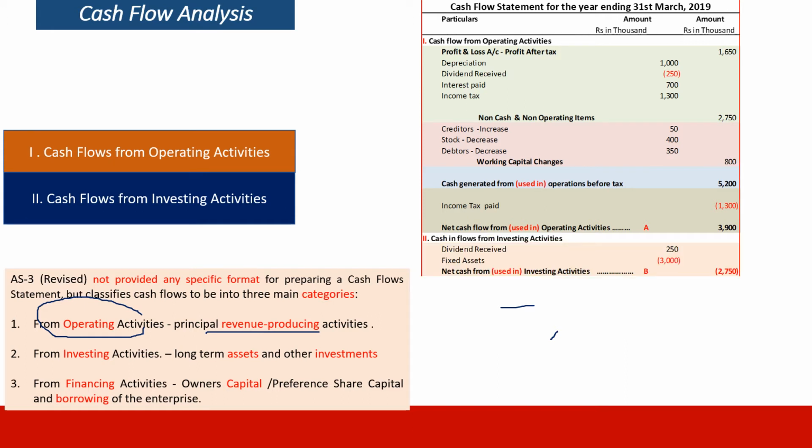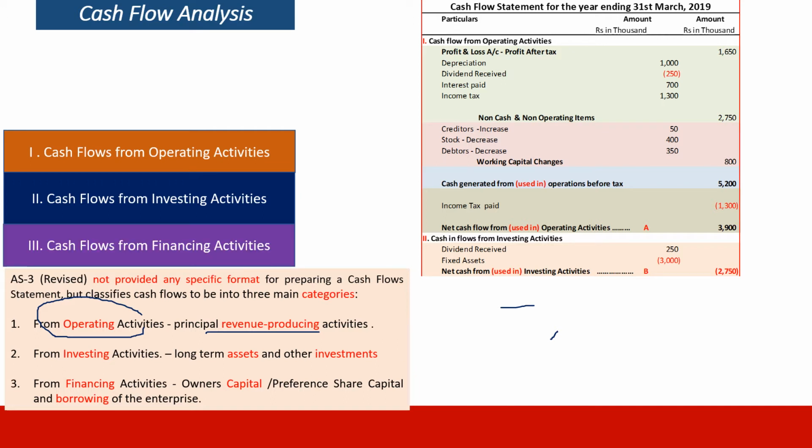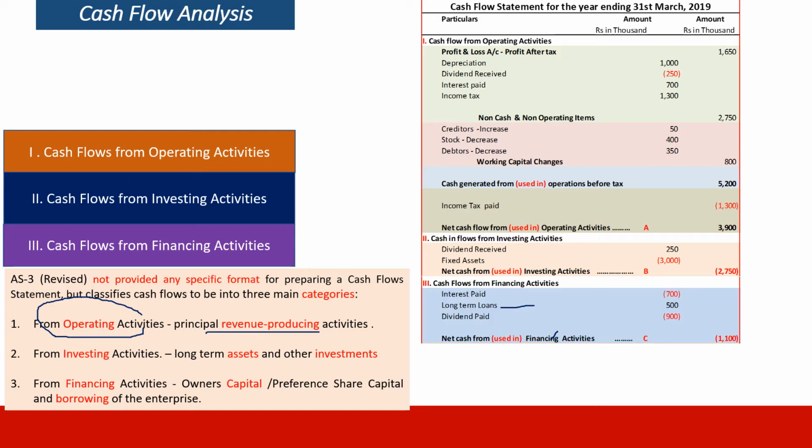Then we have cash from investing activities. Investing activities are long-term assets and other investments. We are talking of dividends received, fixed assets, and others. Third, we have cash flow from financing activities. This is mainly of debt and equity. It is pertaining to long-term loans, dividends and interest, owner's capital, preference share capital and borrowing of the enterprise.